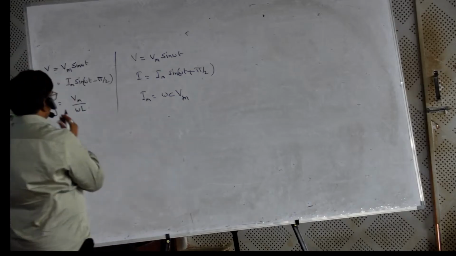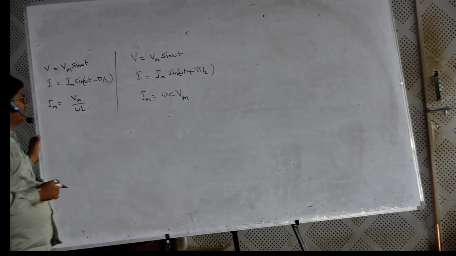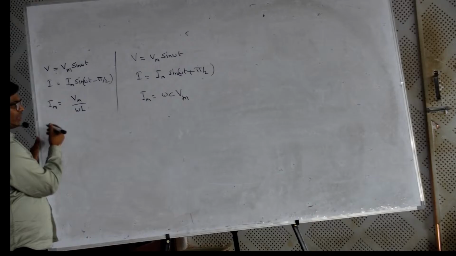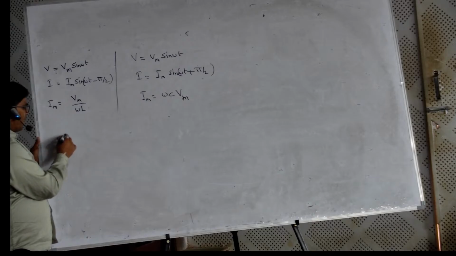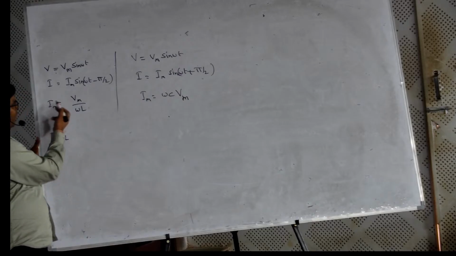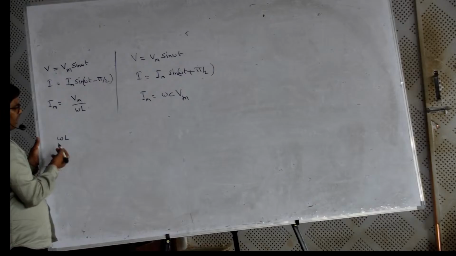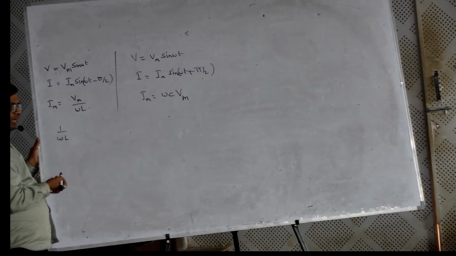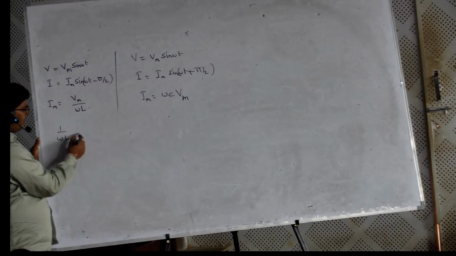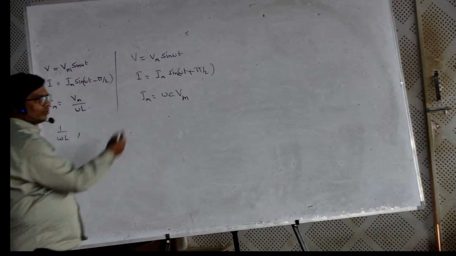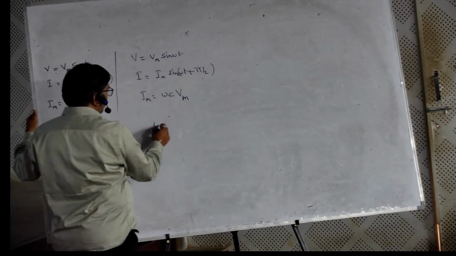So here, when writing Im and Vm, we got 1 by omega L for the inductor, and for the capacitor we got omega C.